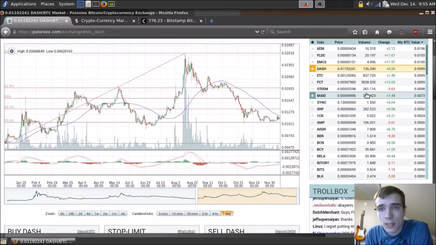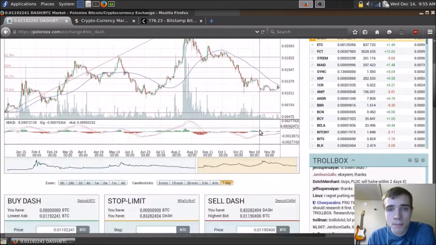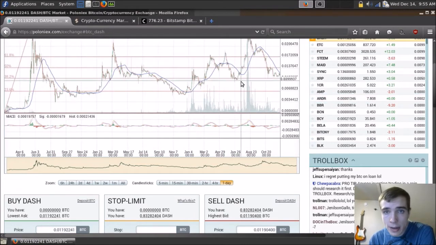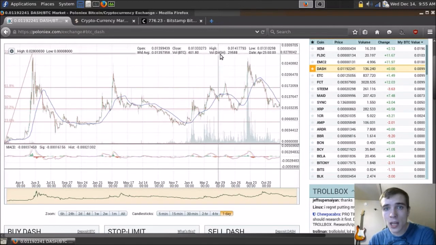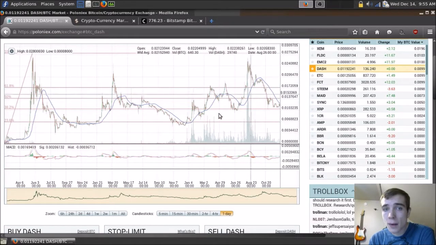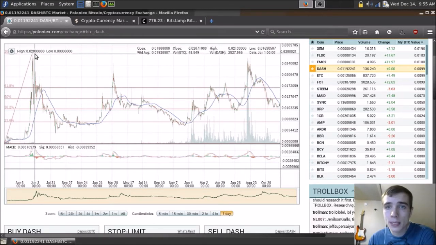Dash is down at its 23% fib, and from its beginning point it's at its 38%. I think it's formulating a pattern right here that is ready to break an all-time high. So its previous all-time high was 0.028 Bitcoin.